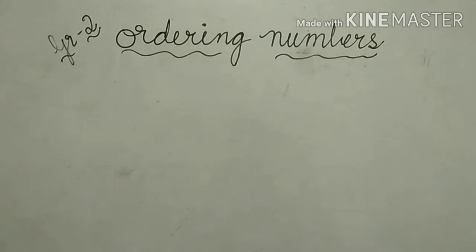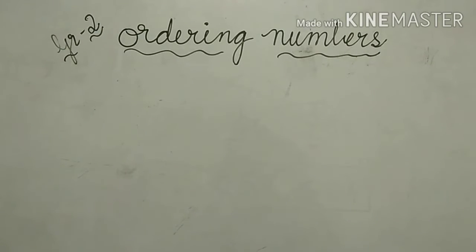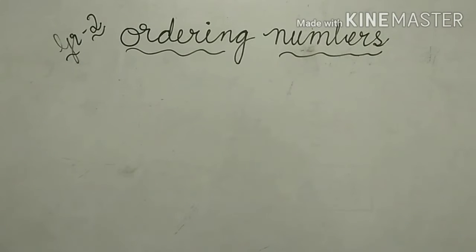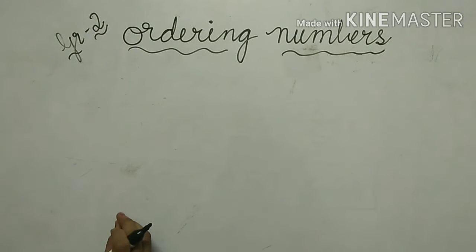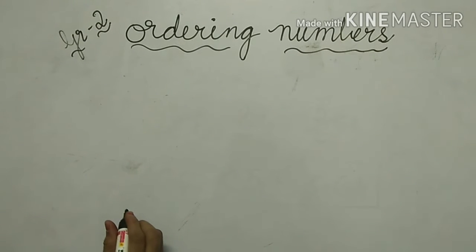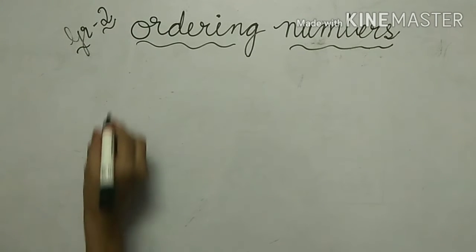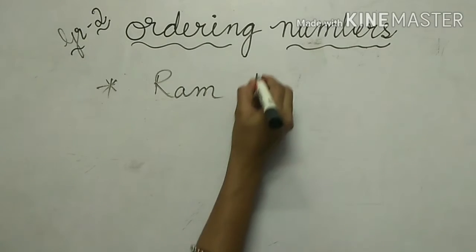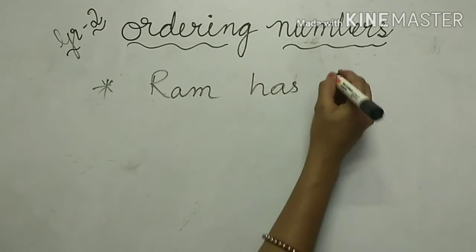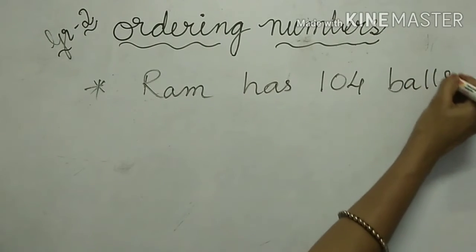Okay. Children, in our real life we can come across many situations where we need to order numbers. So now we are going to order numbers with story sums. What are story sums? Here we will get numbers with some statements. Example, Ram has 104 balls.